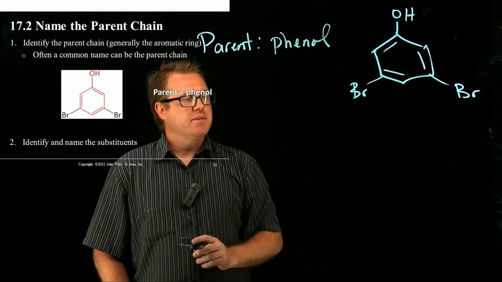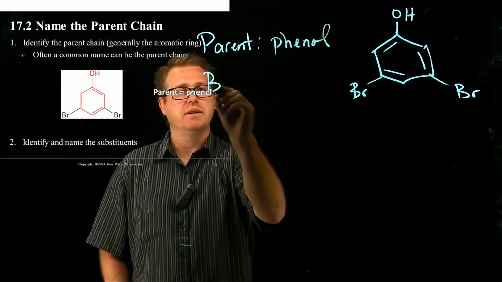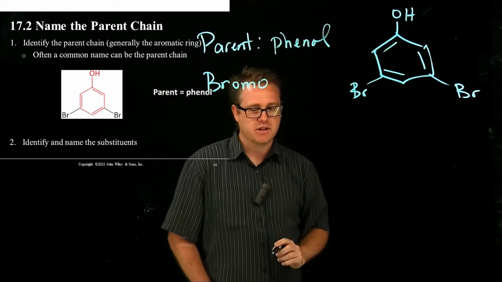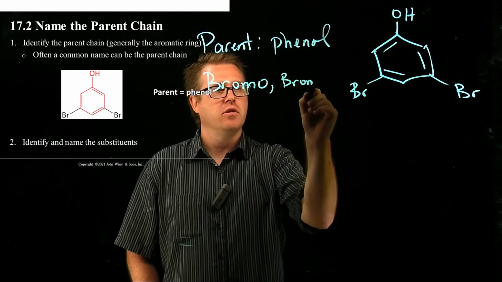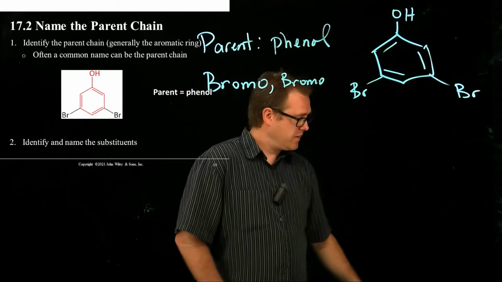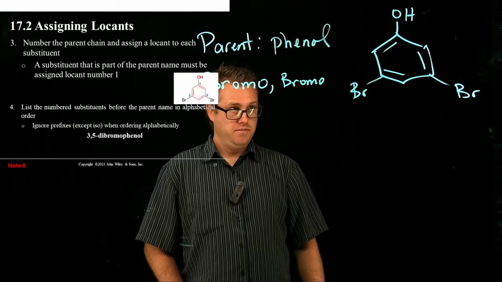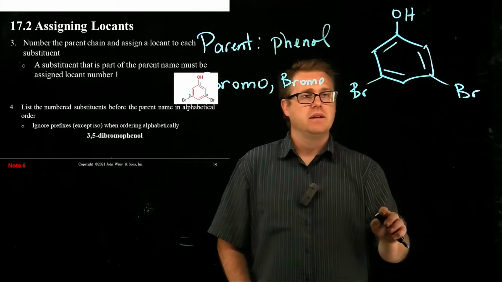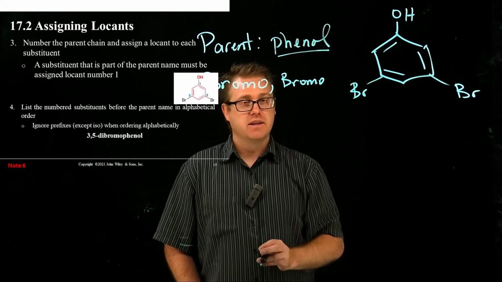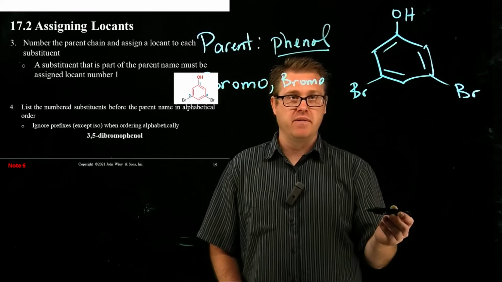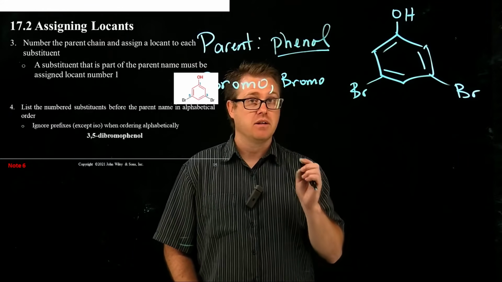Step 2 is to name the substituents. We see that there are 2 bromines. So we say, hey, there's a bromo attached. Those are our substituents, and there's 2 of them. Step 3, we need to number the carbons. When you have a common name like phenol, the substituent that gives the benzene derivative its common name is always going to be numbered 1.